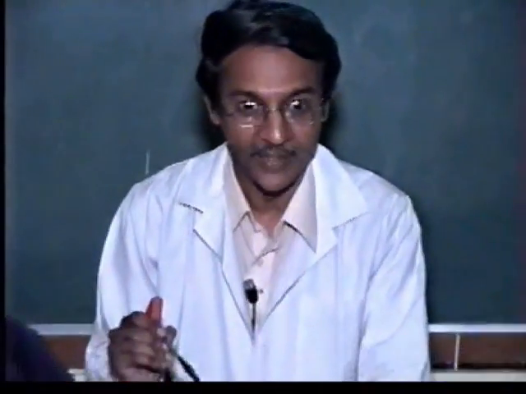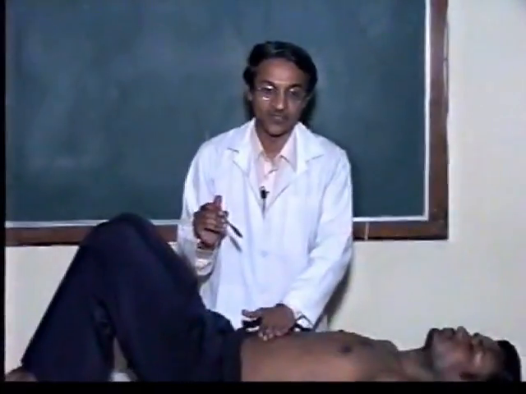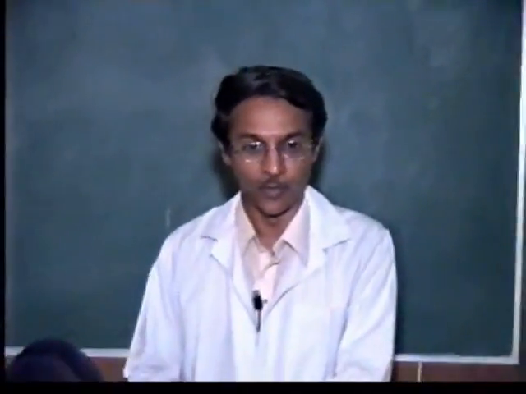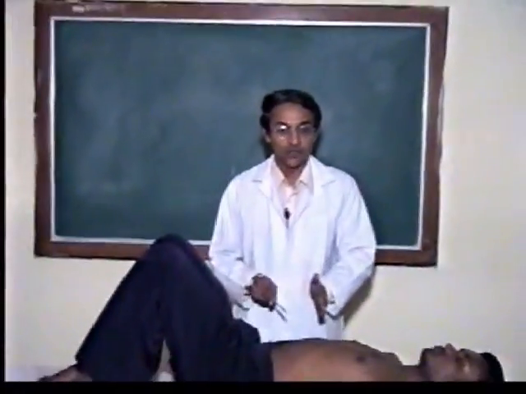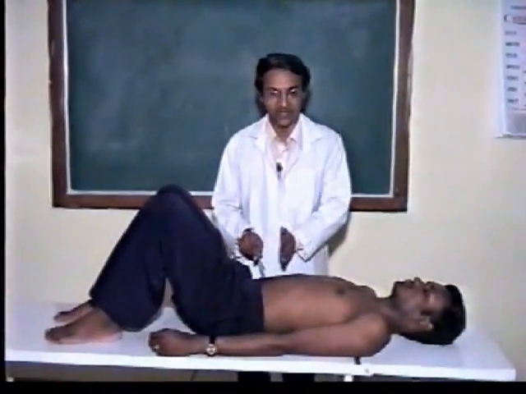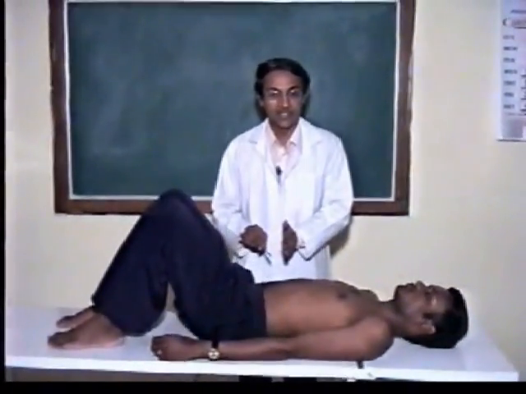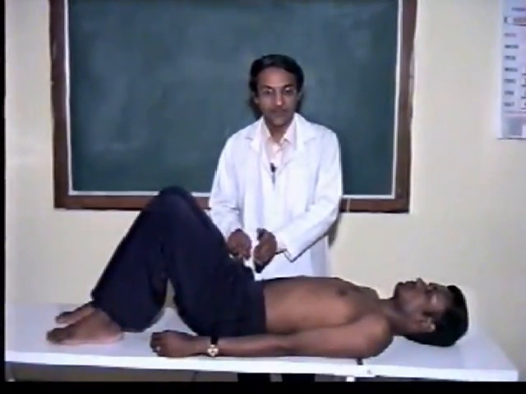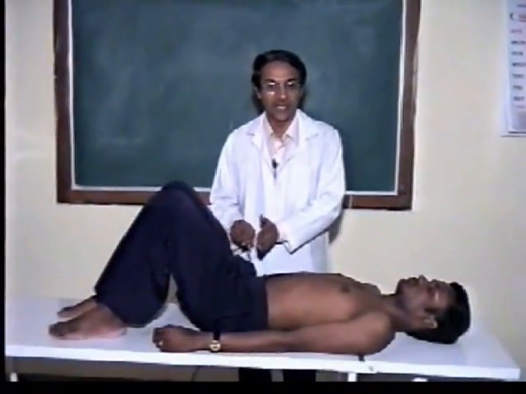Abdominal reflexes are classified into upper abdominal, mid-abdominal and lower abdominal reflexes. Root values of the reflexes: upper abdominal reflex T6 to T9, mid-abdominal reflex T9 to T11 and lower abdominal reflex T11 and L1.